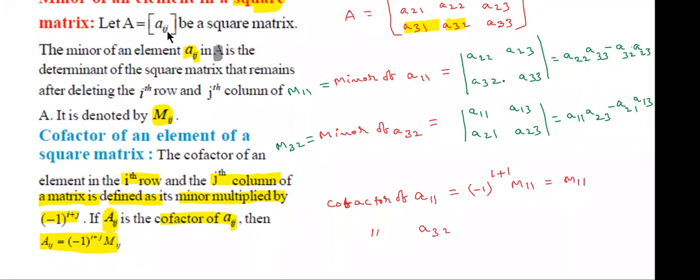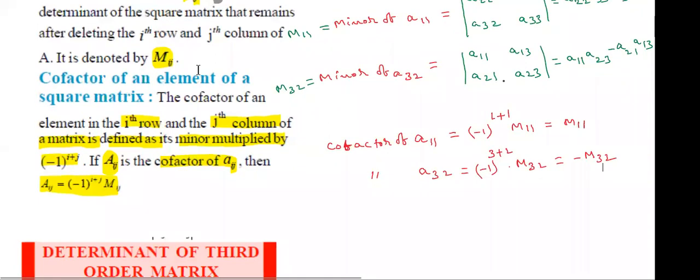How to find it, students? (-1) to the power 3 plus 2 into the minor of element A32, that is M32. (-1) to the power 5 is minus, so minus M32, like this. So finally, the cofactor is (-1) to the power i plus j into Mij.